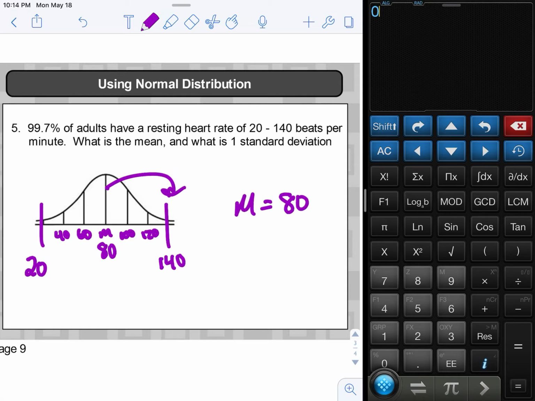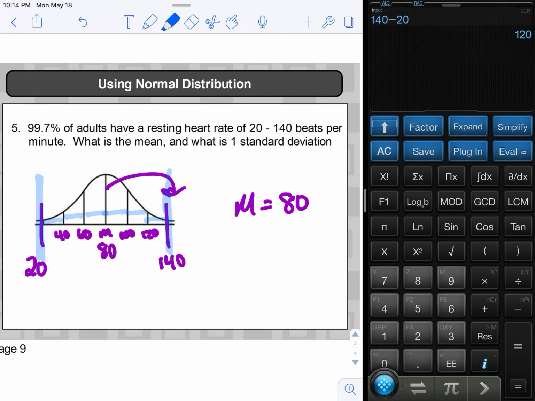All right, now, how could you do this? I don't know if it's easier or maybe it is. I'm not sure. All right, from here to here is 1, 2, 3, 4, 5, 6 jumps. So you could do 140 minus 20.